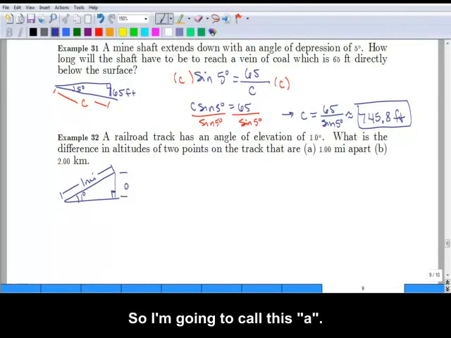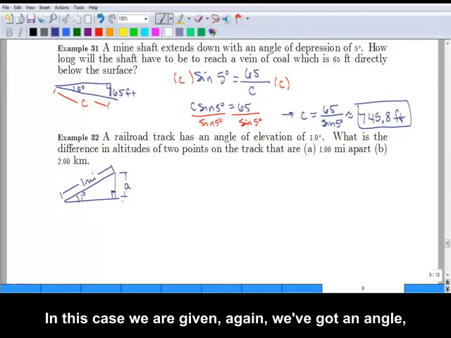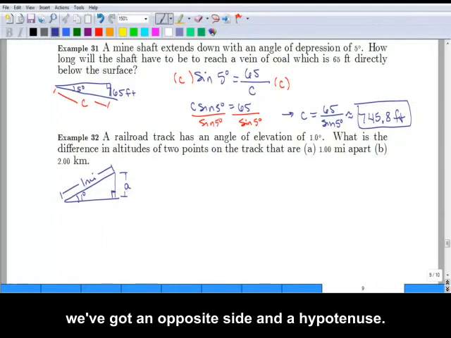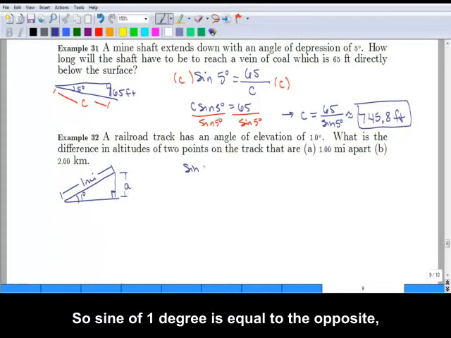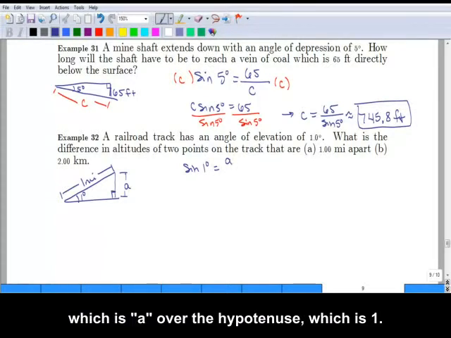So I'm going to call this A. In this case, we've got an angle, we've got an opposite side and a hypotenuse. So we're going to use sine again because we have the opposite and the hypotenuse. So sine of 1 degree is equal to the opposite, which is A, over the hypotenuse, which is 1.